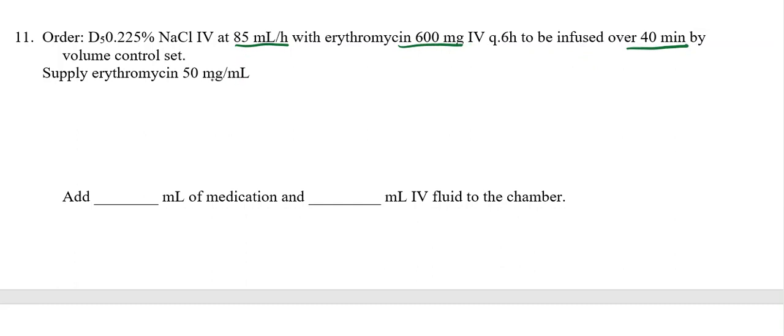So the first thing it wants to know is what's our total medication, or well, we can do this 2 ways. We can find our total medication, which is the 600 milligrams, and the supply 50 milligrams per milliliter. So let's look at our medication.